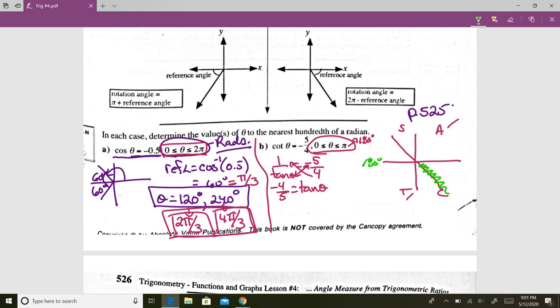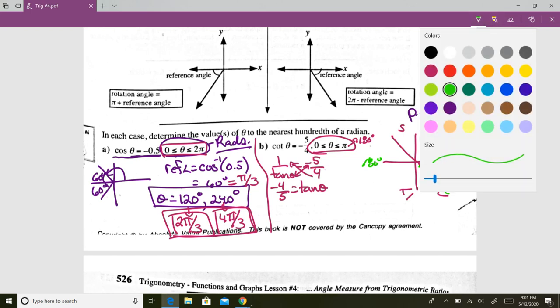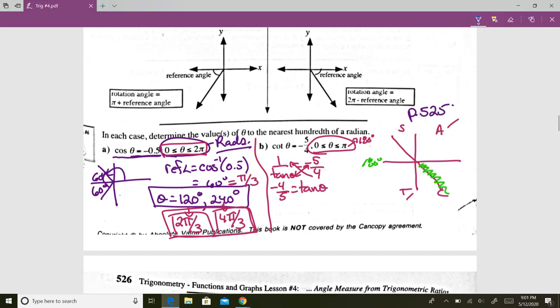Well, find the reference angle. My reference angle is going to be tan to the minus 1. Remember, ignore the negative of 4/5. I want nearest hundredth, so it's going to be 38.7 degrees.